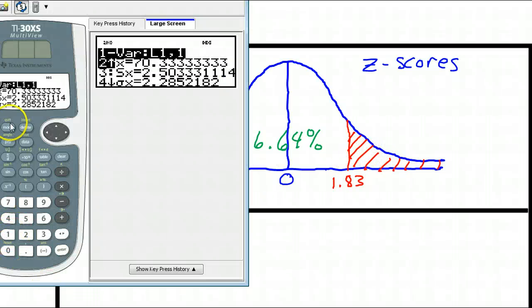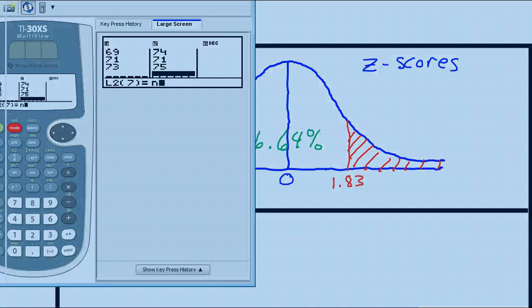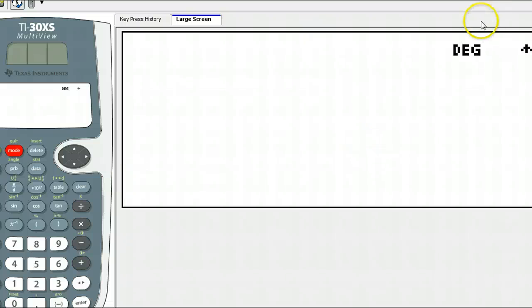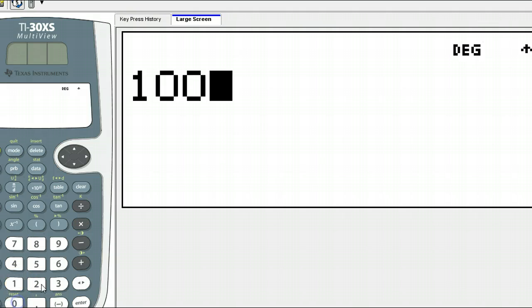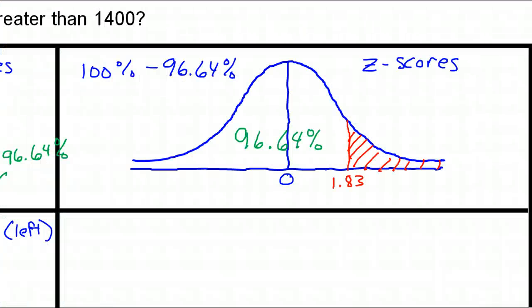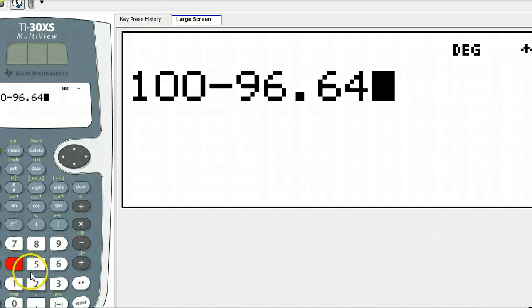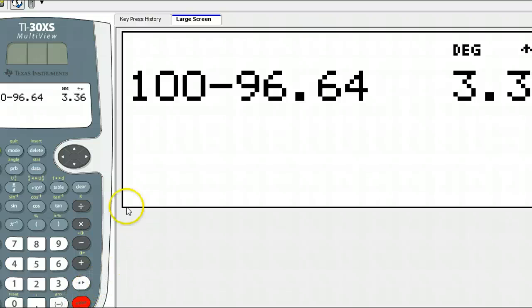Okay, so let's quit out of there. Okay, so 100 minus 96.64. Okay, so that's 3.36%.